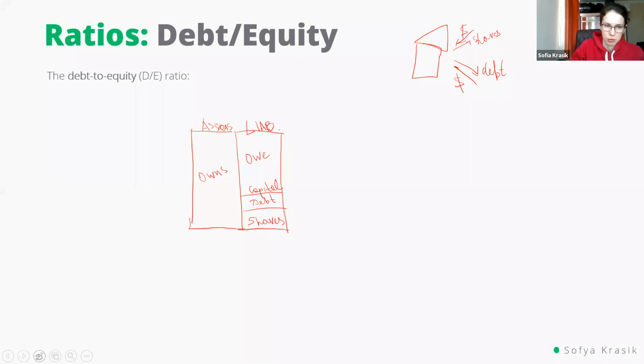Let me choose a different color. So now let's consider an example where the company financed all its business with shares without debt. Here we're not considering debt anymore. Let's assume that all the company's capital was initially financed by issuing shares. Then its balance sheet would look something like this, right?